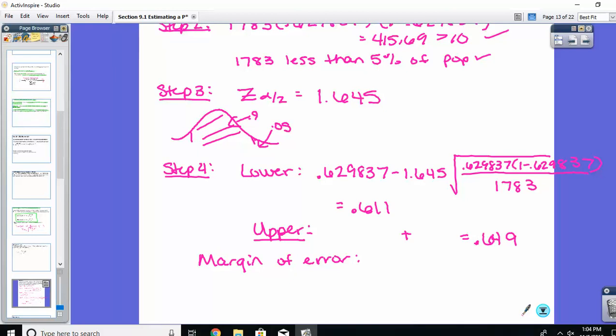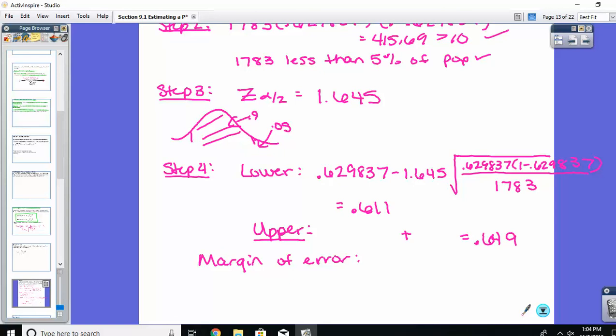So you could subtract them, but then you would have to divide that by 2, because you've got the number in the middle, so you want to go above and below that. You could look at your p and subtract one of those. We should get the same. You would either do 0.649 minus your p, or your p minus 0.611. It should be the same number both times.